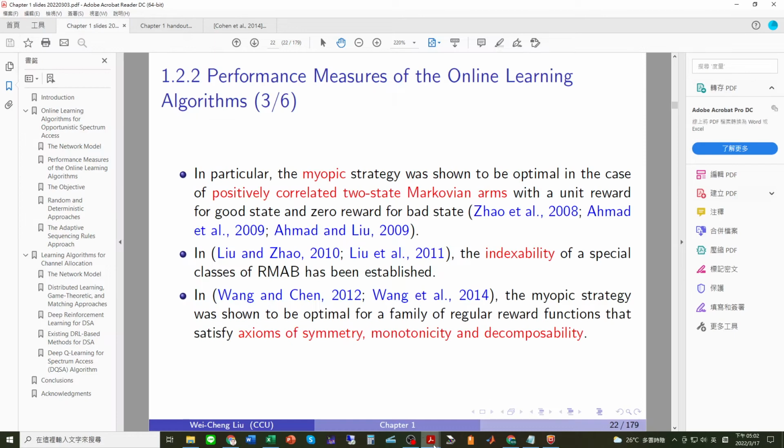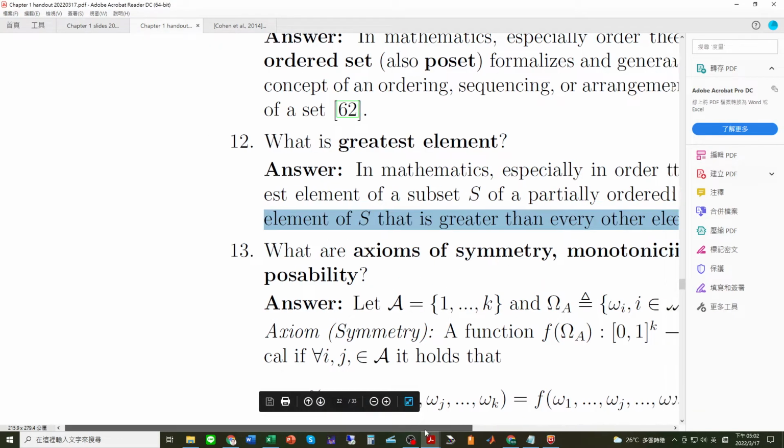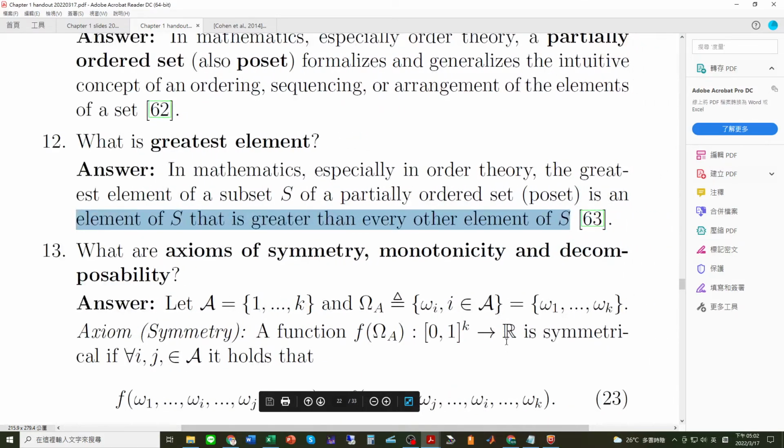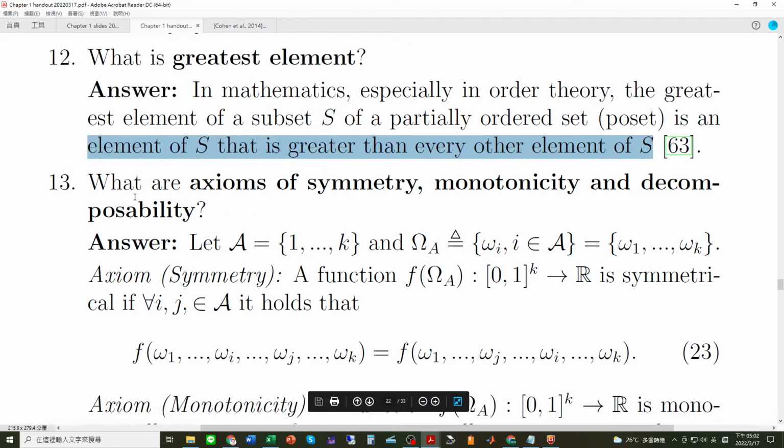Please see the handout. What are the axioms of symmetry, monotonicity, and decomposability?